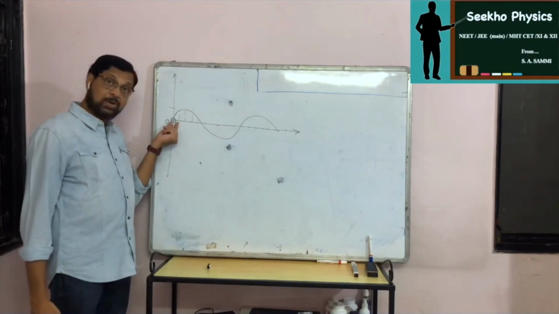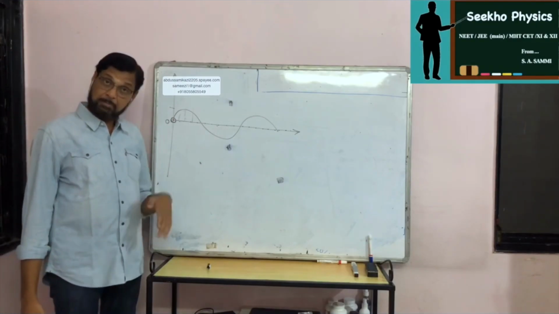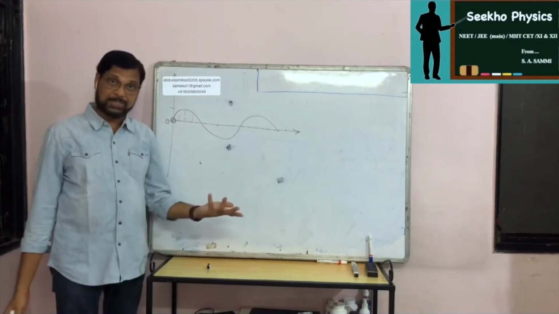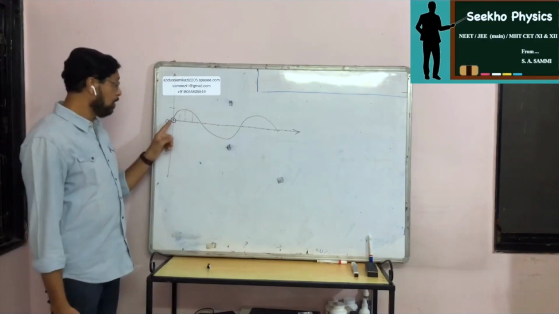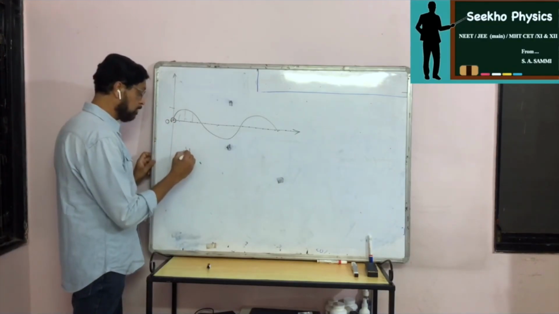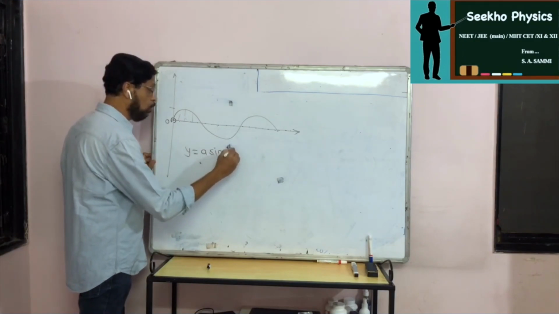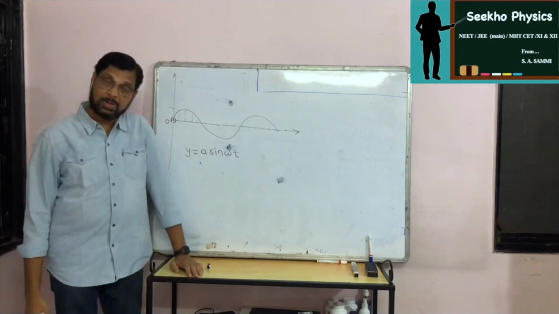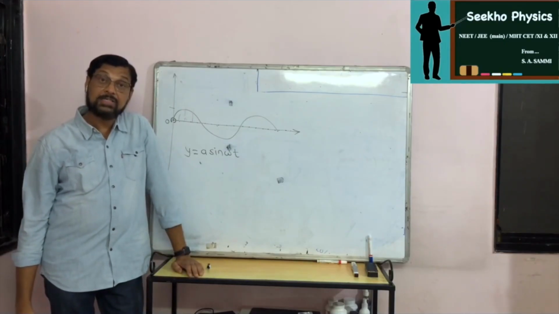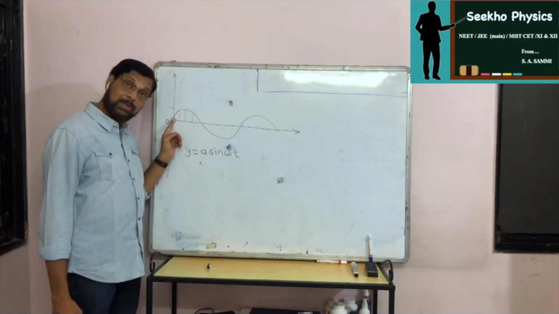The equation of this particle will be the equation of SHM, because every particle is performing simple harmonic motion. So the equation is y is equal to a sine omega t. Alpha is 0 because the motion starts from the mean position.